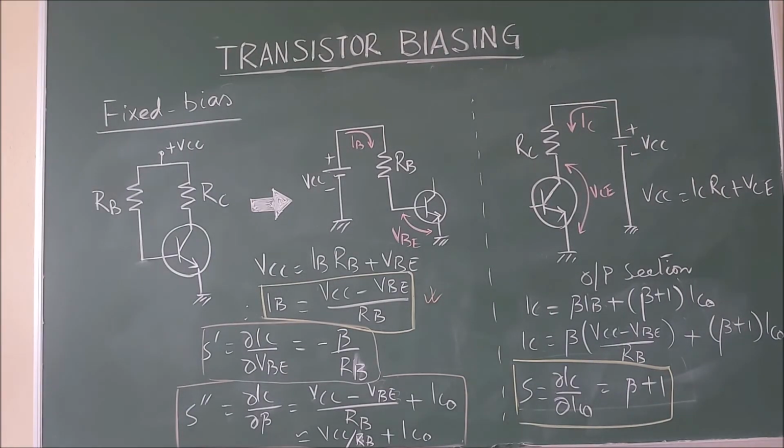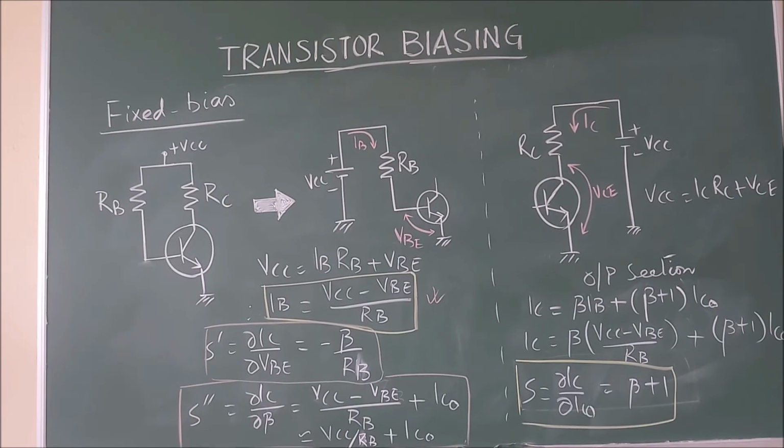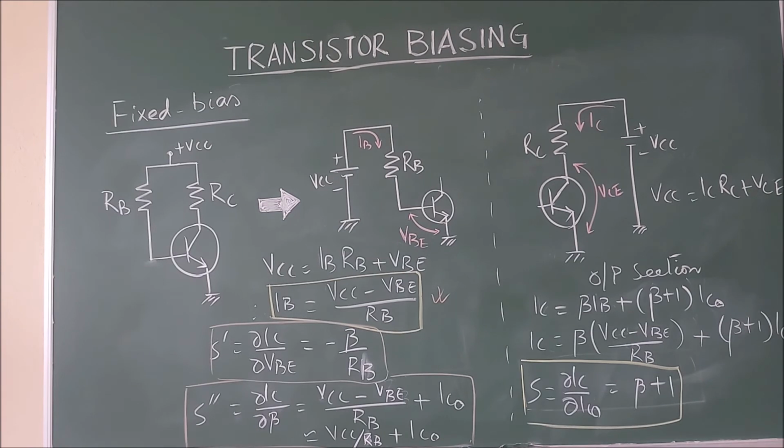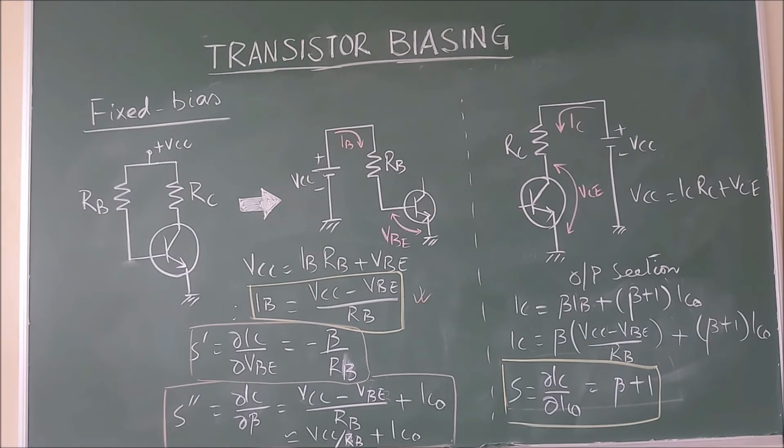Now fixed bias is not so good for transistor biasing. From these three values of S, S dash and S double dash, we find that S is equal to beta plus 1.